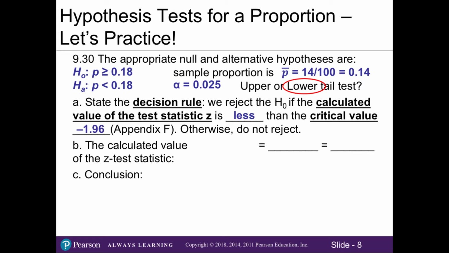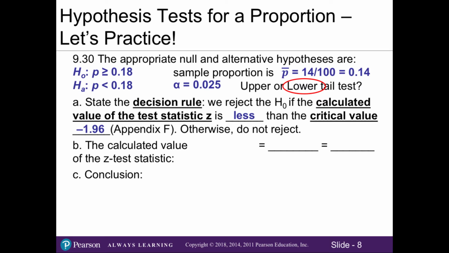And we make it a negative 1.96 because this is a lower tail test. Our appendix is not going to tell us if it's negative or not. You have to include the negative sign in there based on your knowledge of lower tail tests.